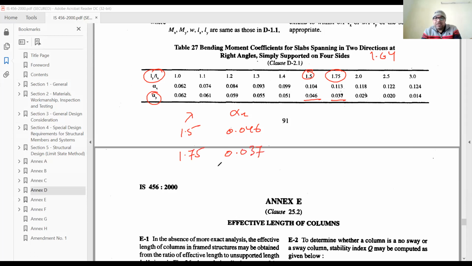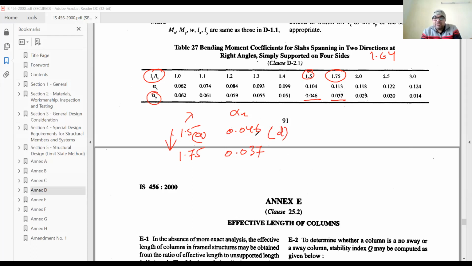Here you can see, as the value of lambda is increasing, the value is decreasing. So it is following the descending order.